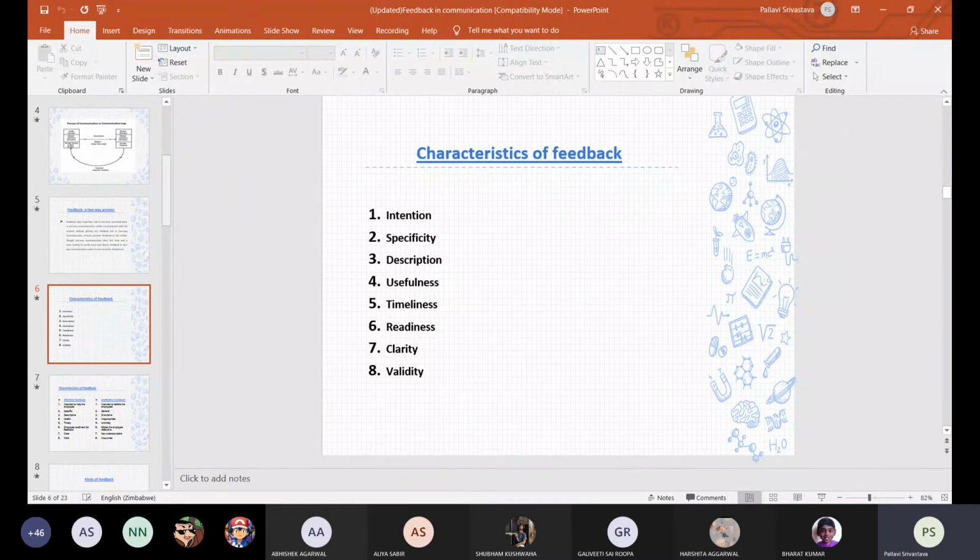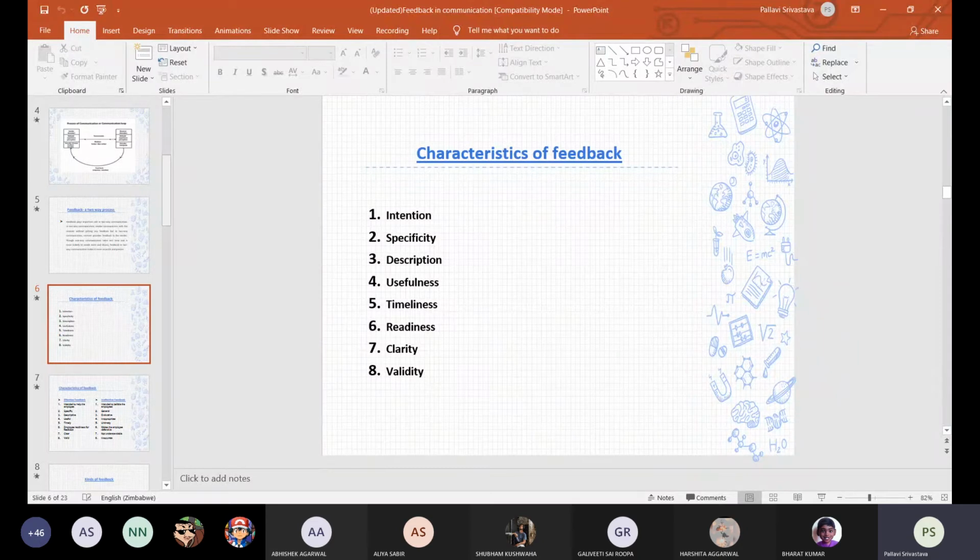Rather, if you support it with facts and evidences, then it is better, and maybe they will accept it in a better way. But the thing is, feedback will fall flat if there is no readiness. So it is important from the point of view of the receiver that they are ready to take the feedback.